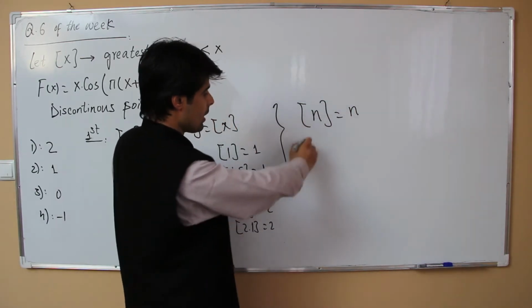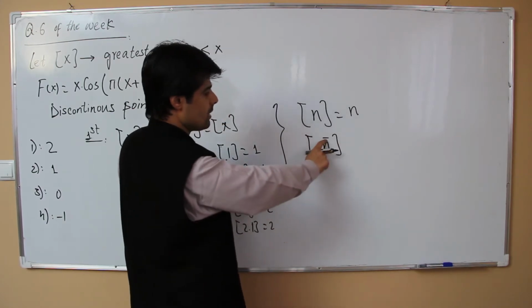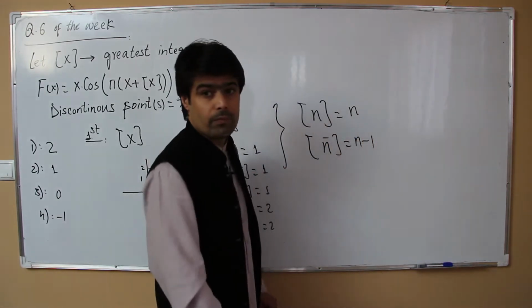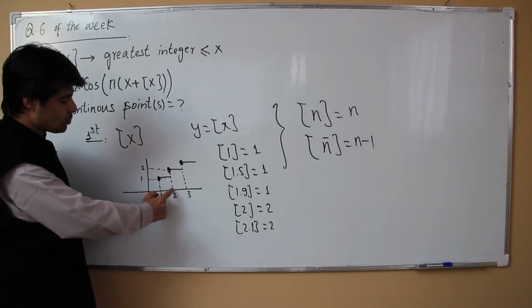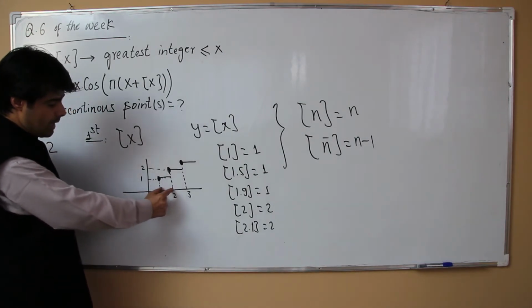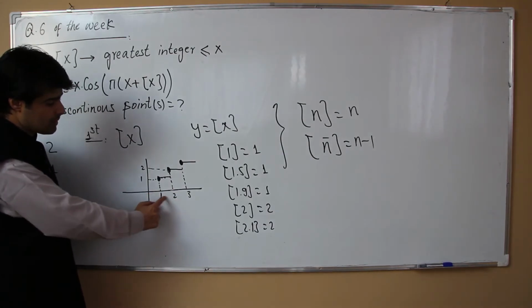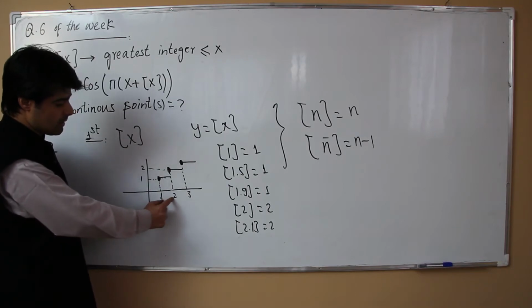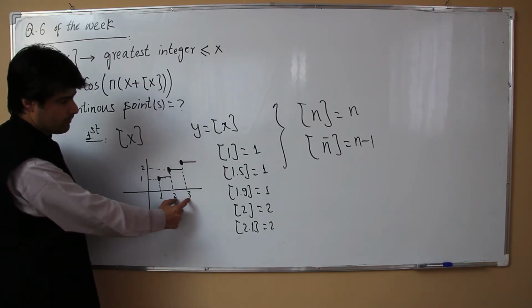It means if we have n, the answer is n. If we approach n from the left side, the answer is n minus 1. Why n minus 1? For example, just below 2, the answer is 1, so the difference is 1. Approaching 3 from the left gives 2. If we have n from the right side, the answer is once again n. So for a fixed n, the answer is n, and from the left side of n, the answer is n minus 1.